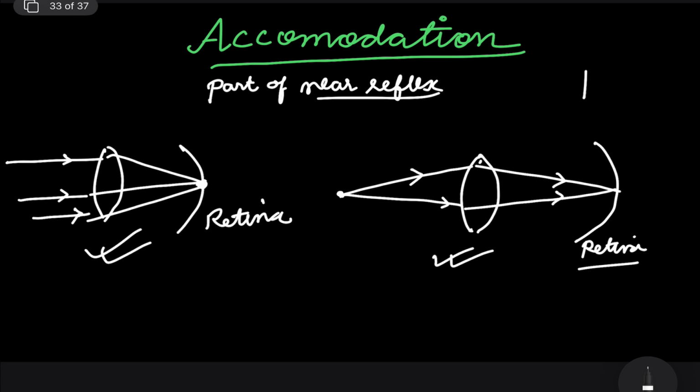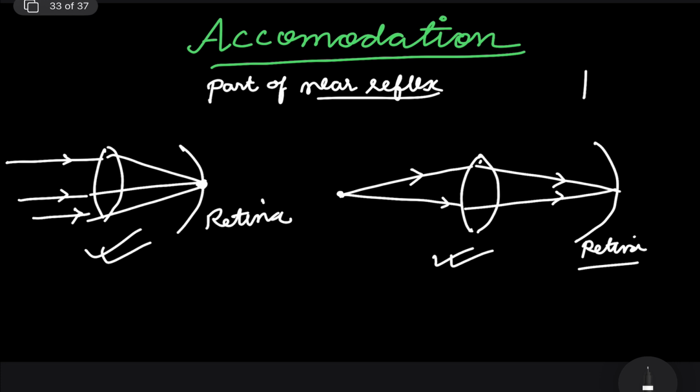I'm just giving you the crux. I will be talking about this in a lot more detail in this video, that is what this video is going to be about. I'm just explaining why our eyes need to act differently for objects placed at different distances from our eyes.